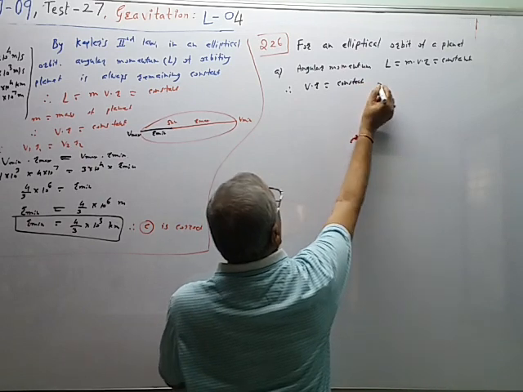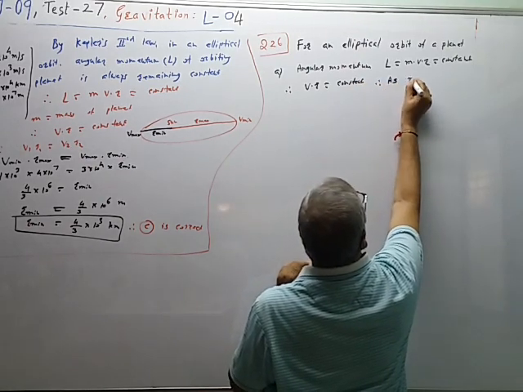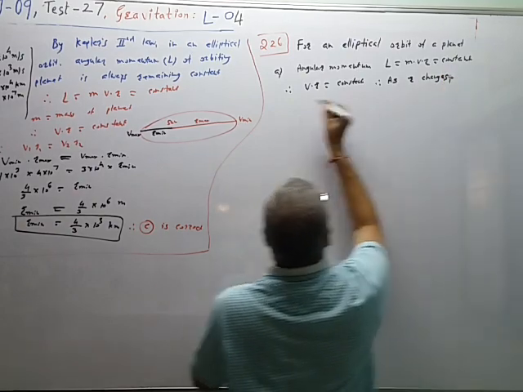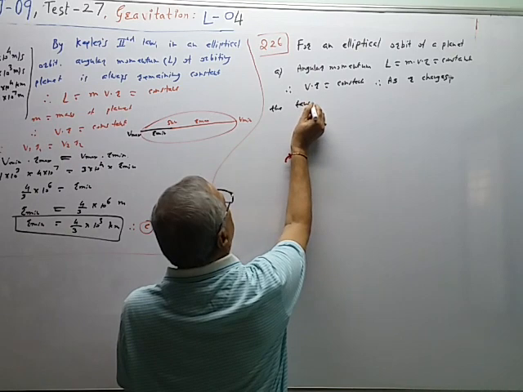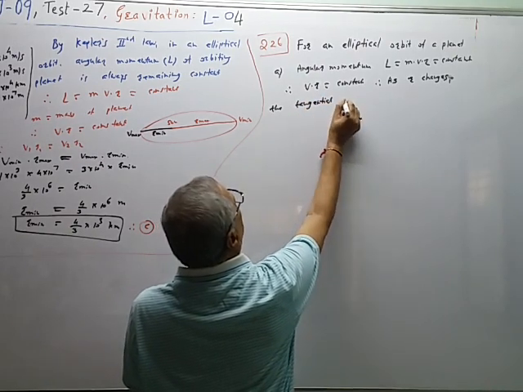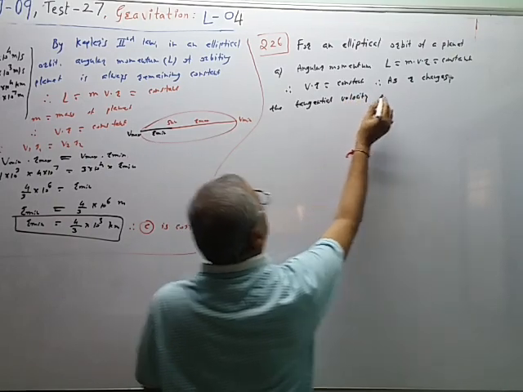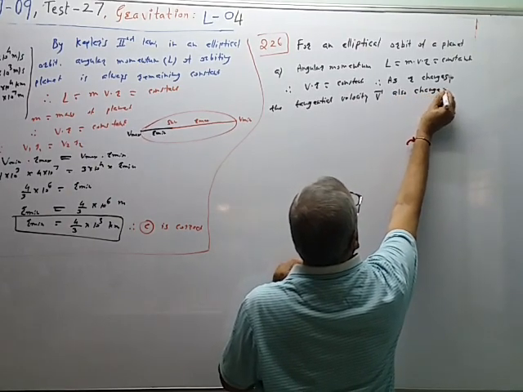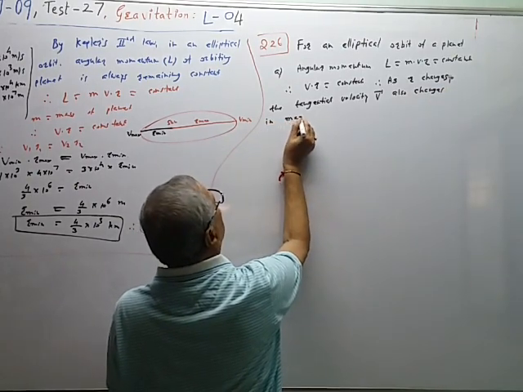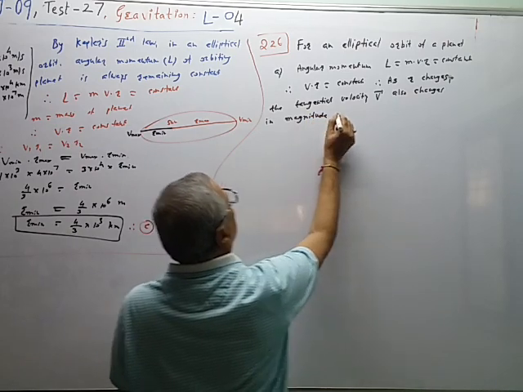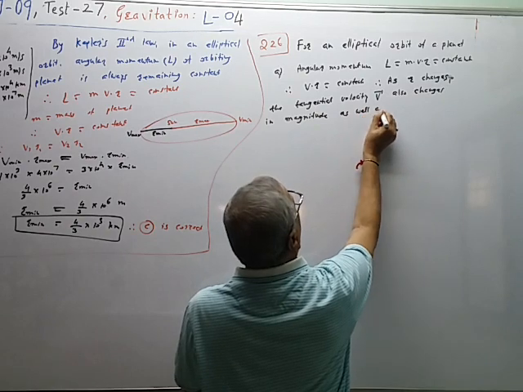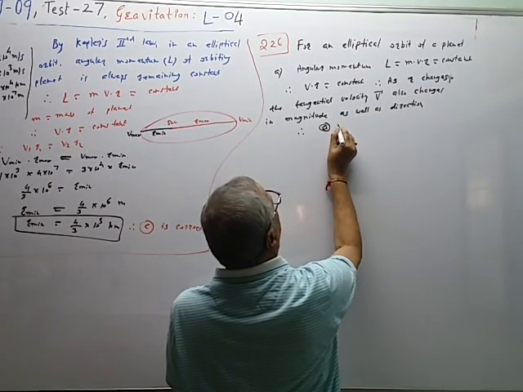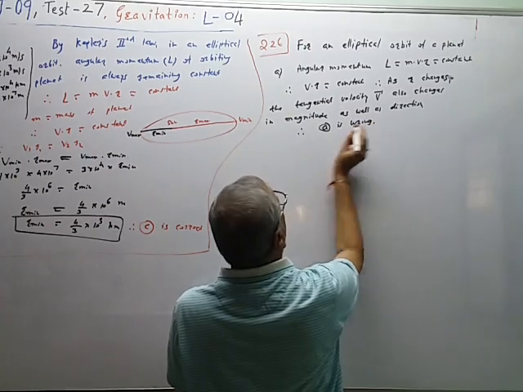Therefore, as r changes, the tangential velocity v also changes in magnitude as well as direction. Therefore, A is wrong.